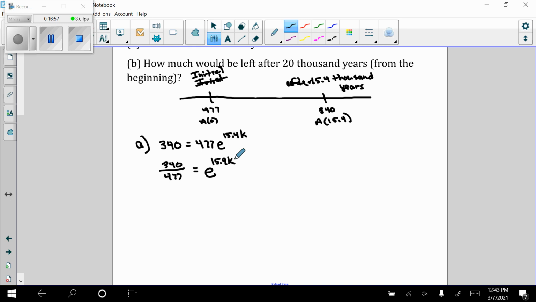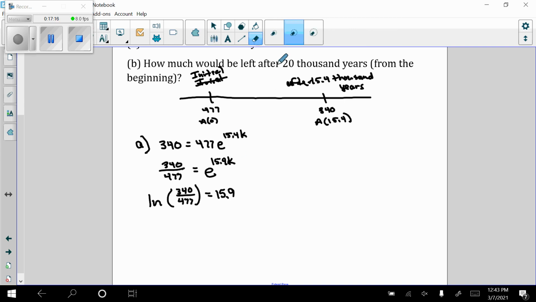I have a natural logarithm. So the natural log of 340 over 477 is 15.4 K. Actually, it's 15.4, my apologies.